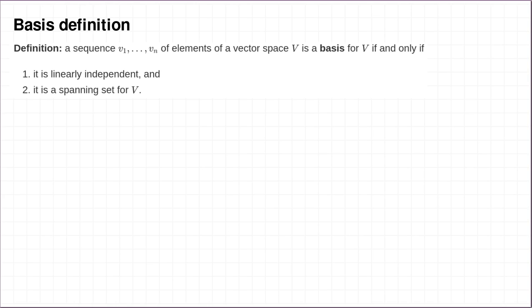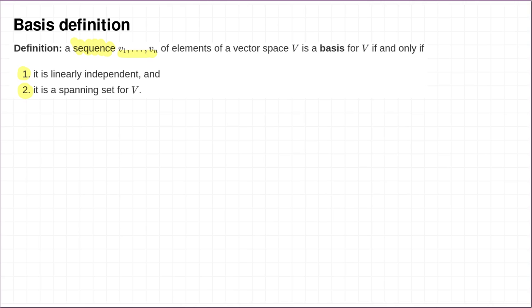A sequence of elements in a vector space V is called a basis for V if and only if it has the following two properties. Number one, it's linearly independent. Number two, it's a spanning set of V. And again, before I explore this definition anymore, let me just emphasize that this is a property of a sequence of vectors, not a set of vectors. The order matters.